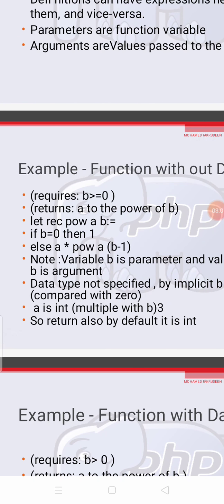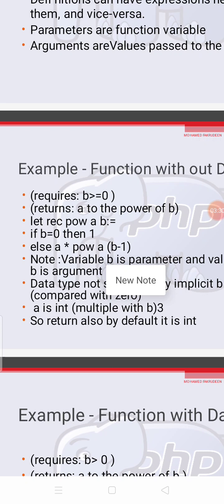So let is the definition to start your function, and rec means you are going to define a recursive function. The name of the function is pow, and the parameters are a and b.